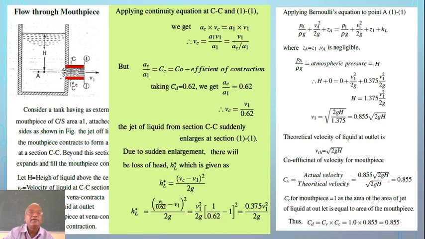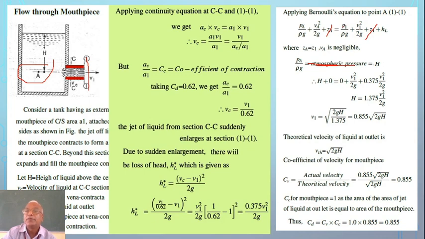Now look at this point, A and 1, the external one. PA by rho g is the pressure head of H. VA squared by 2g is negligibly small, and ZA is equal to Z1.